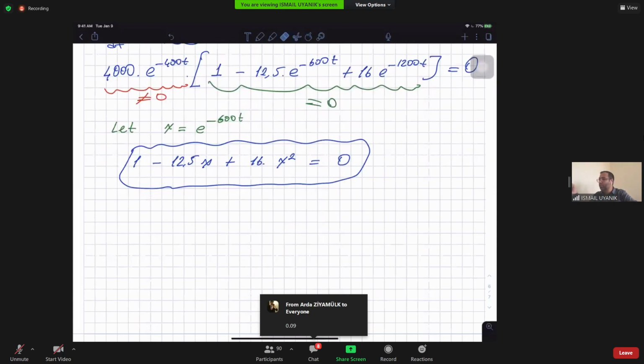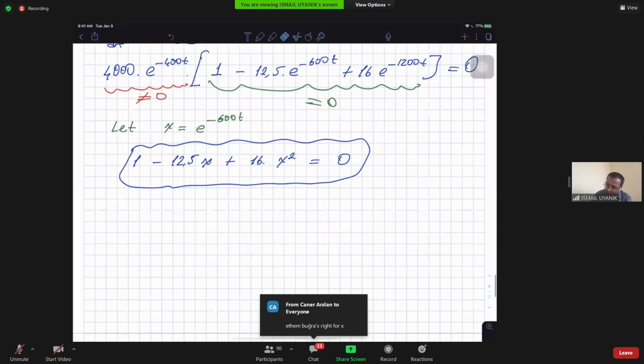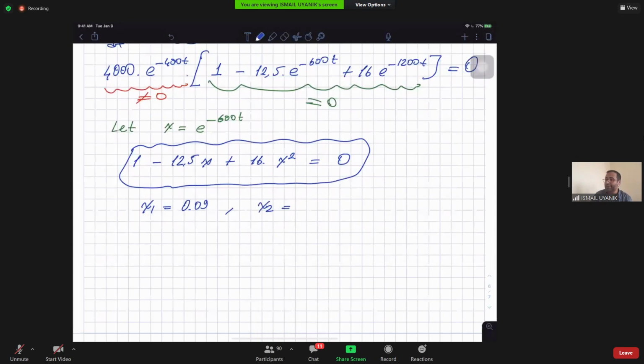Are those for x or t? X. Okay, let me write these so that we can move on. So for x, you say one possible solution is 0.09, and the other possible solution is 0.69. Okay, so this is our x.